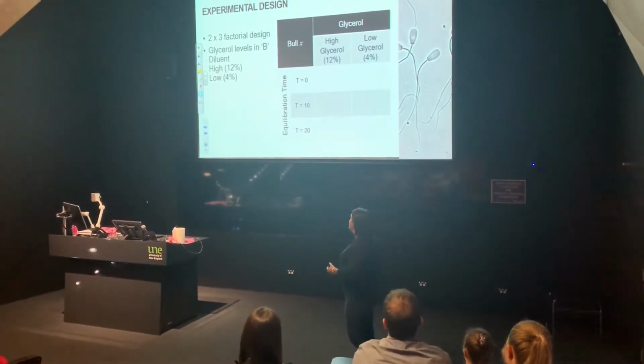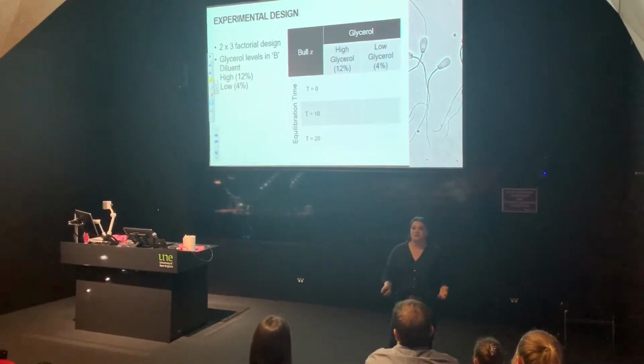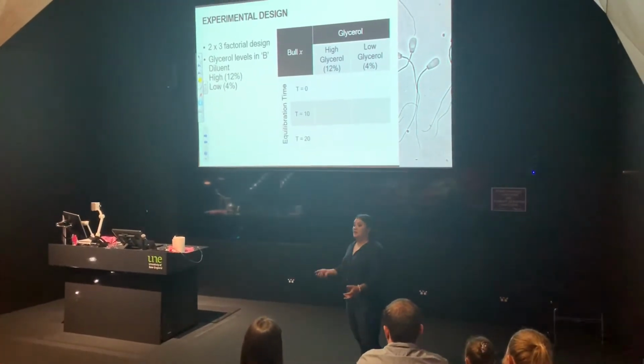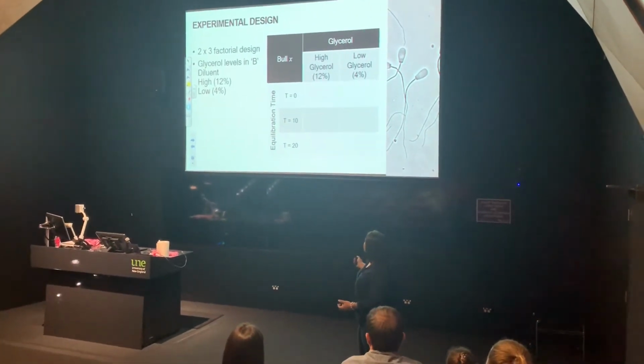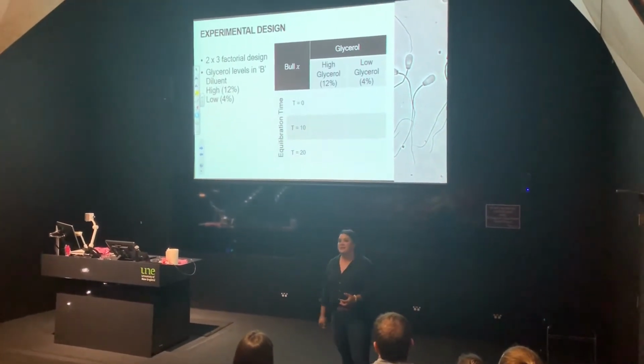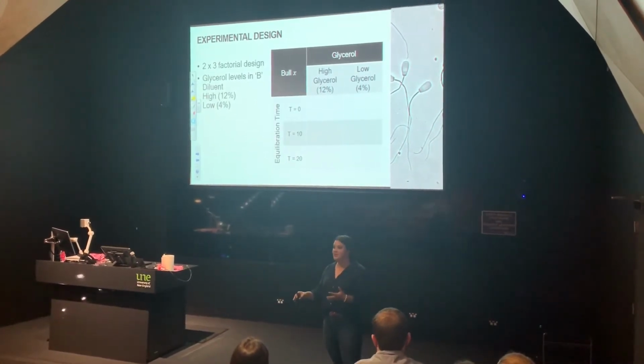So I wanted to see if changing that equilibration time has an effect on that post-thaw motility, to see if we could increase that with the high glycerol. And also with the low glycerol, it's at 4%. There are a lot of studies suggesting that 7% is probably the perfect range.